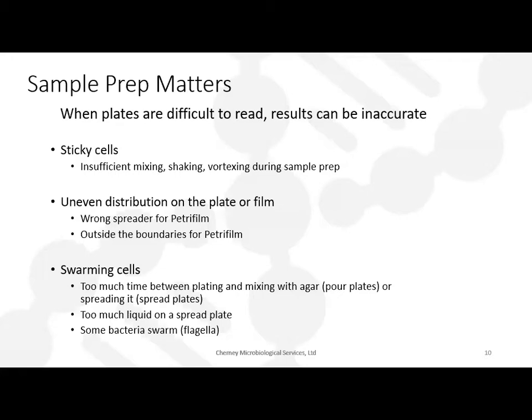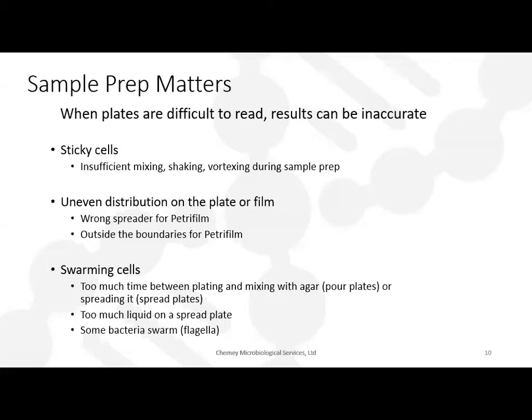Another thing is swarming cells. If you take too much time between plating and mixing with your agar, if you're doing a pour plate, or spreading it, if you're doing spread plates, that can cause a very large clump of cells in the center of your agar plate. So you want to make sure that you don't take too much time in between plating and mixing or spreading.